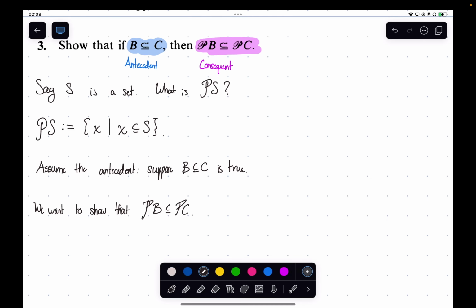So let's consider, oh yeah, and how do we show that power set of B is a subset of power set of C?